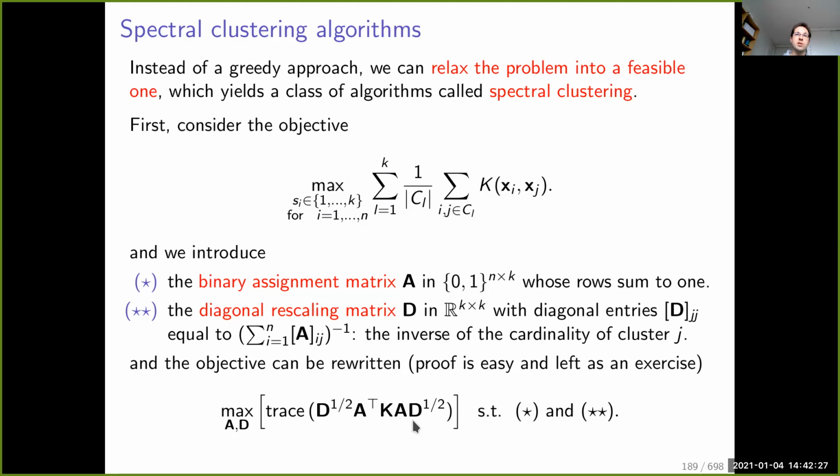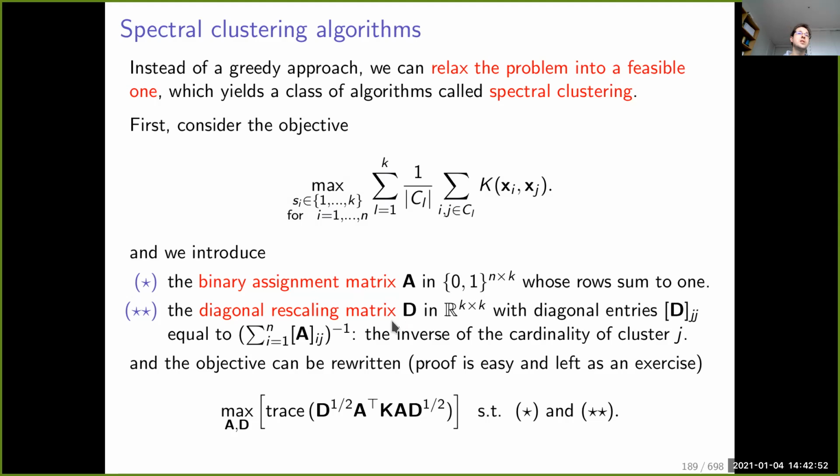And the role of the matrix D is to introduce this rescaling factor, which is the inverse of the cardinality of the clusters. And then we optimize over the assignment matrix and over the diagonal matrix under these two constraints. The first one is that A should be binary and the rows sum to 1.